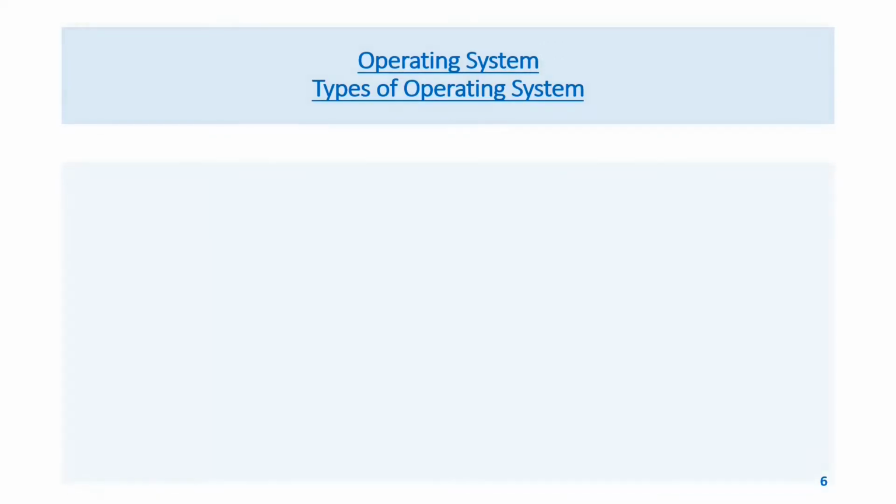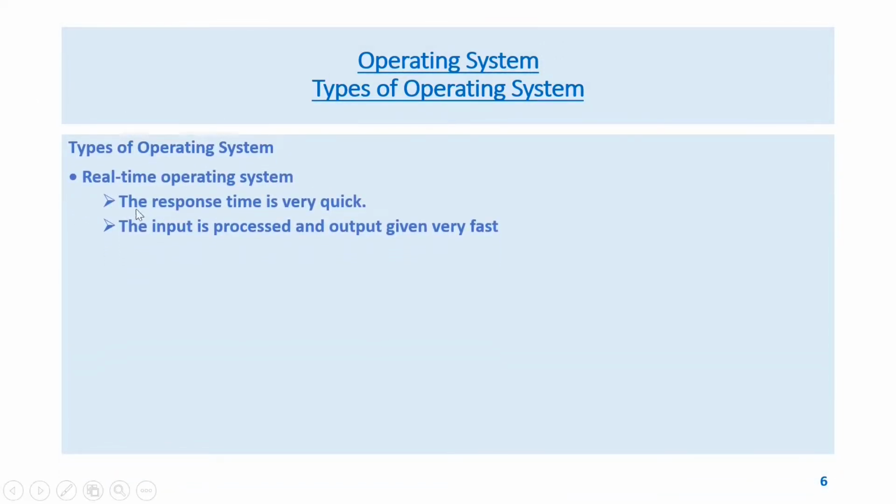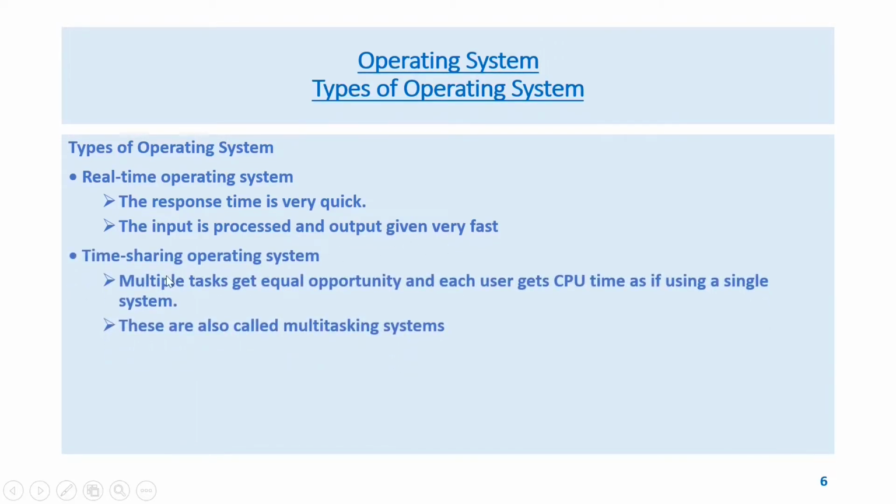Now let us look into the types of operating system. Real-time operating system. The response time is very quick in case of real-time operating system. The input is processed and output given very fast. Time sharing operating system.